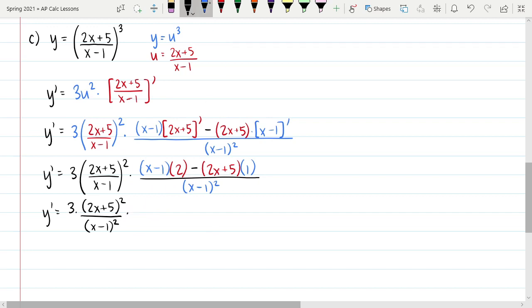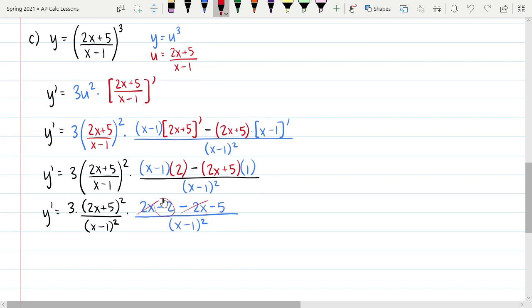Now, in the numerator, let's go ahead and simplify. So I can distribute that 2, and if I do, that's going to give me a 2x minus 2 minus, now remember, I'm subtracting the quantity, so minus a 2x, and then minus a 5, all over x minus 1 squared. Now, hopefully you notice the 2x's are actually going to cancel out.